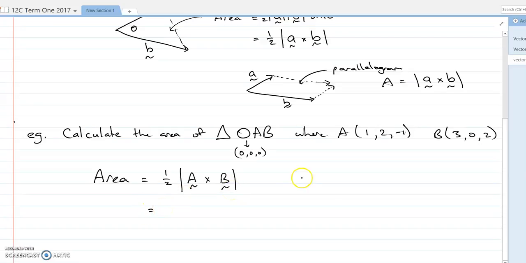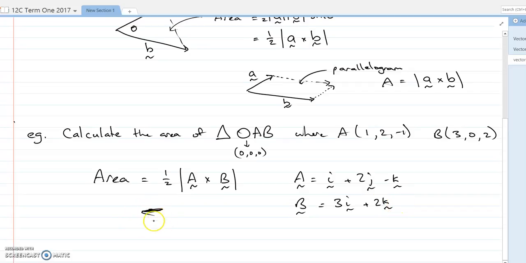Okay, the vector A, over here we just replace those coordinates and put them in i, j, k. So A is i plus 2j minus k. B is 3i plus 2k, no j.